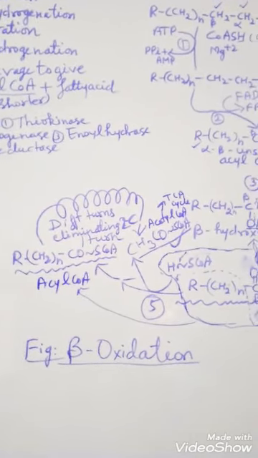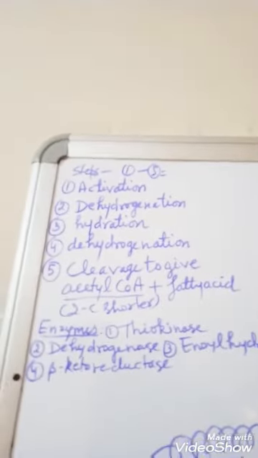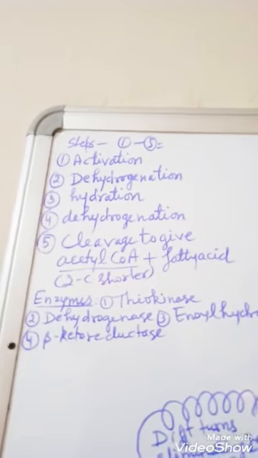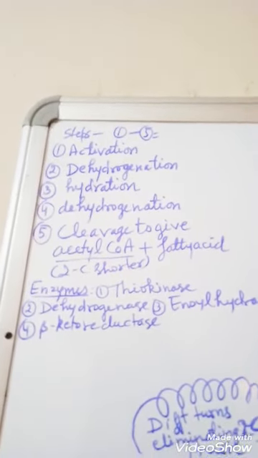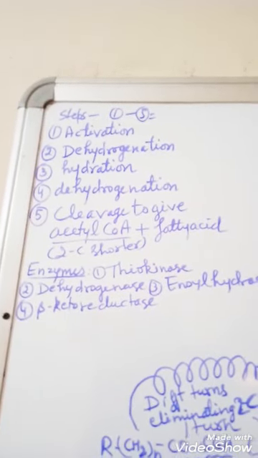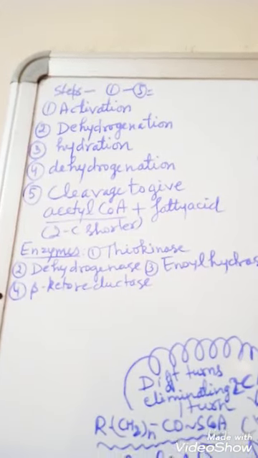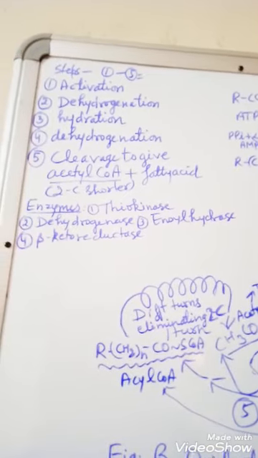The major steps for beta oxidation are: the first step activation, the second step dehydrogenation, the third one hydration, then dehydrogenation, and the last step is cleavage to give acetyl coenzyme A plus a fatty acid which is 2 carbons shorter in nature.